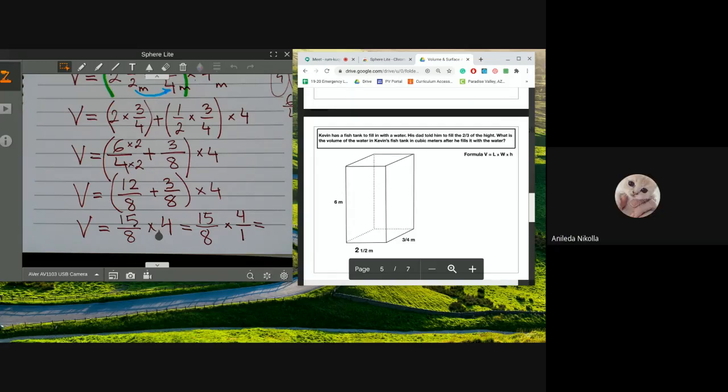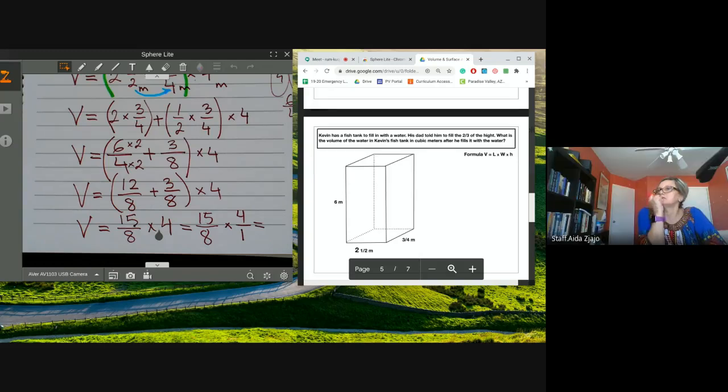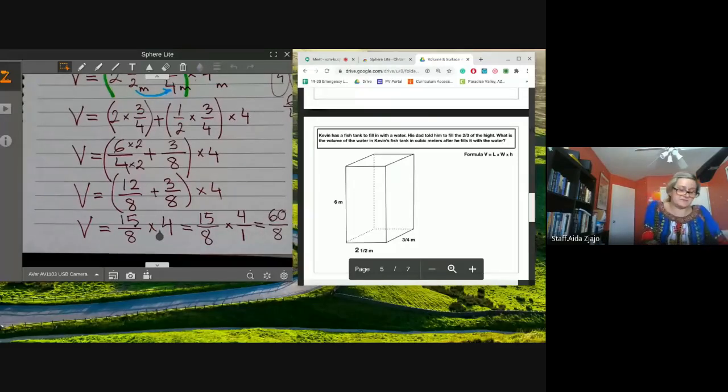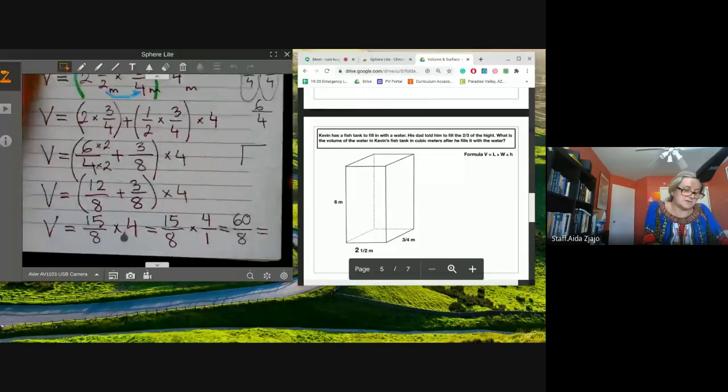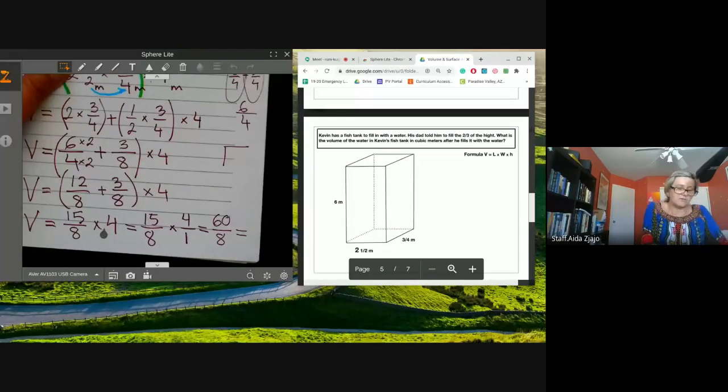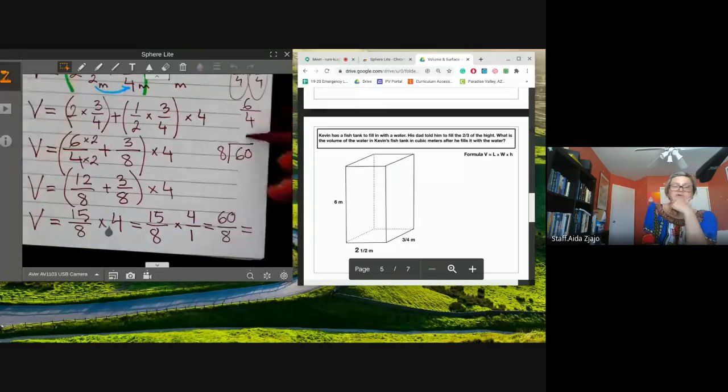Anybody who is willing to answer, what is 4 groups of 15? 60, bravo, Alex. And then I have 60, and 1 times 8 is 8. And now you just need to tell me what is 60 divided by 8. So if we do that here, what number can be multiplied by 8 and get closer to 60?